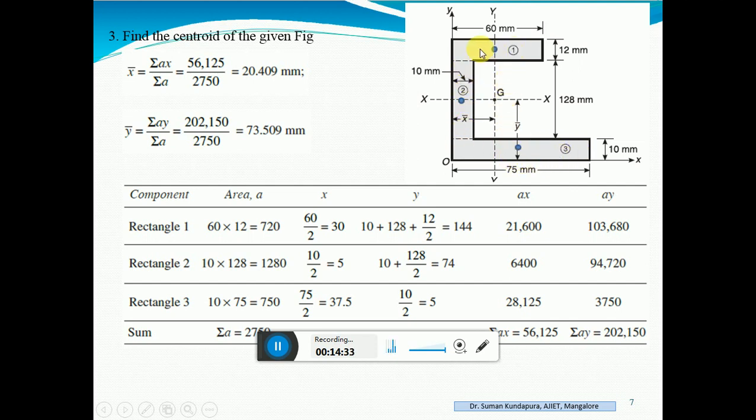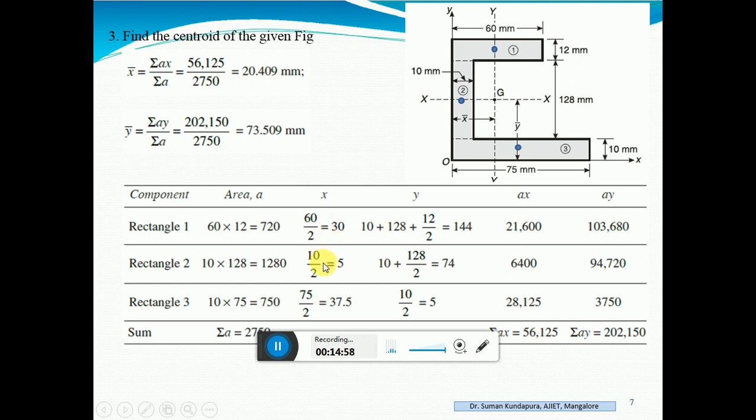Let us consider the first rectangle. Find out the area for the first rectangle, that is 60 into 12. Next, x distance from the y-axis. For this rectangle, the entire thing is 60 divided by 2, you will get 30.